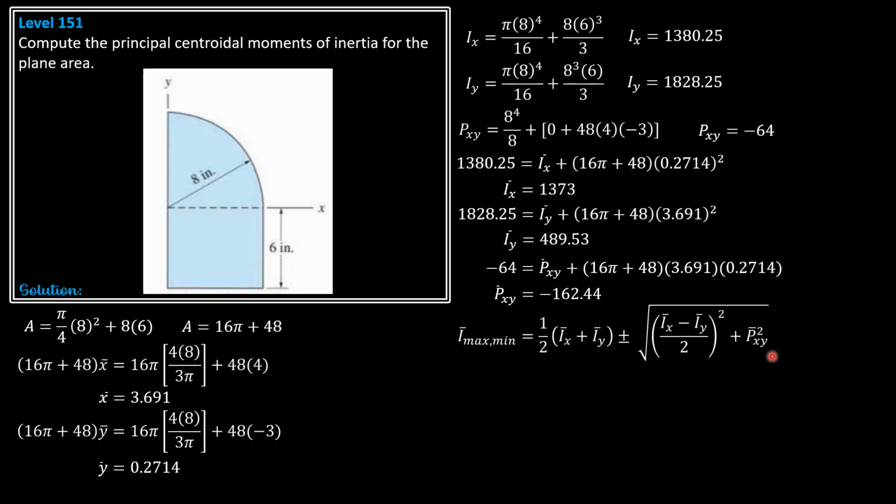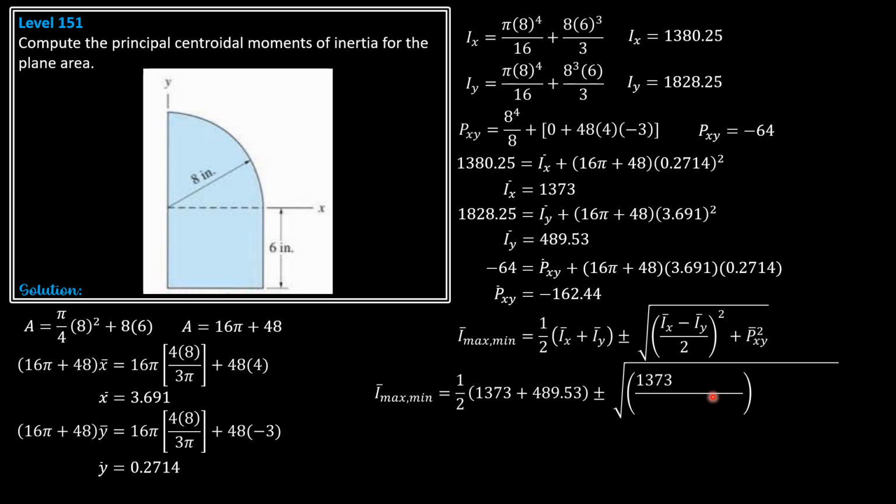Product of inertia with respect to centroid square. So substitute. I barred max or minimum is equal to 1/2 quantity 1373 plus 489.53 plus minus square root of quantity 1373 minus 489.53 over 2 square plus 162.44 square.